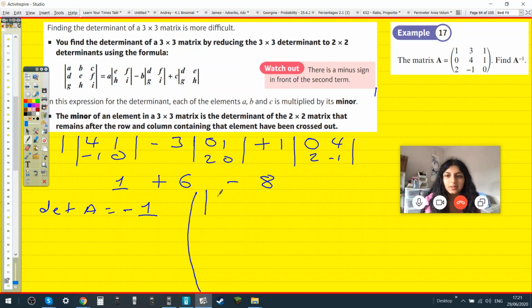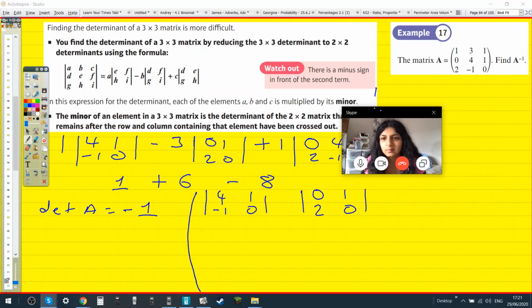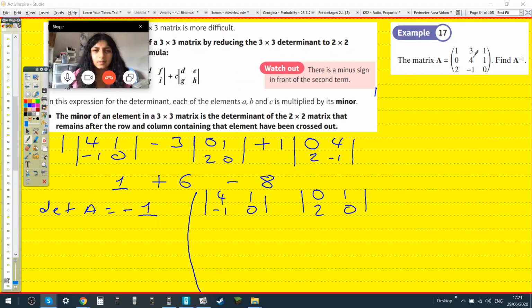So the first one is like 4, 1, -1, 0. -1, 0. And then 0, 1, 0. I think that's right. That 0, 1, 2, 0.